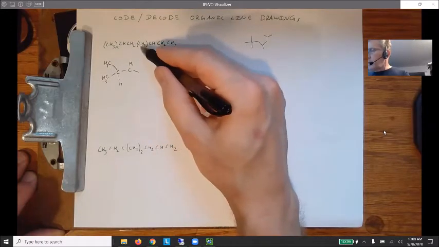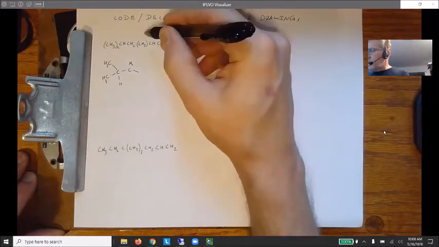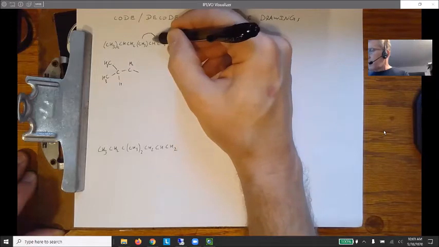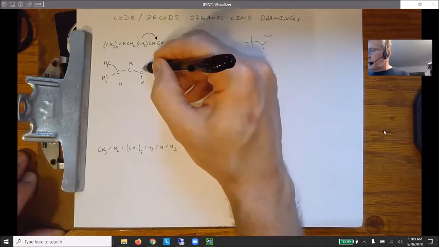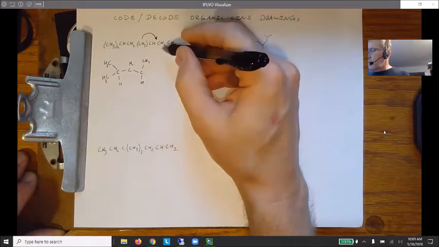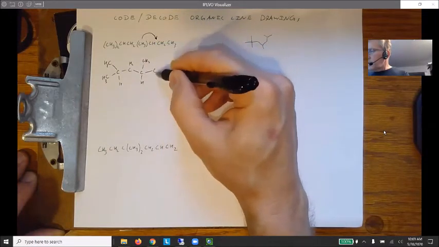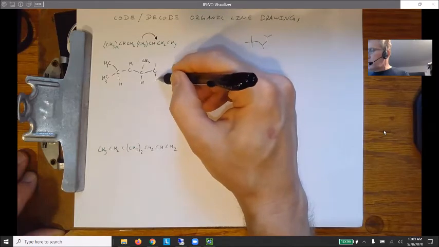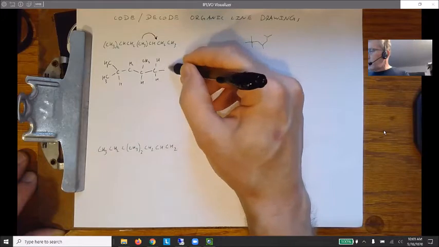Come down, we have another methyl group and a CH. Actually, this would probably be written behind this one to indicate that we have a CH here, a CH3, and then the next one, CH2, will be this, and then we end with CH3.